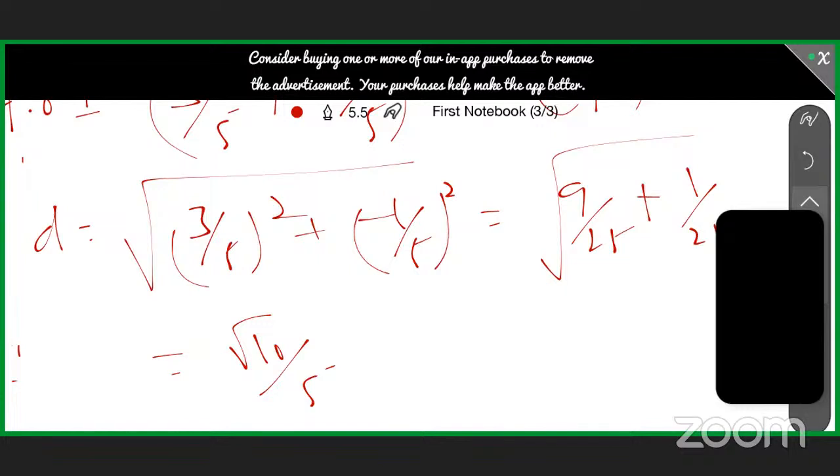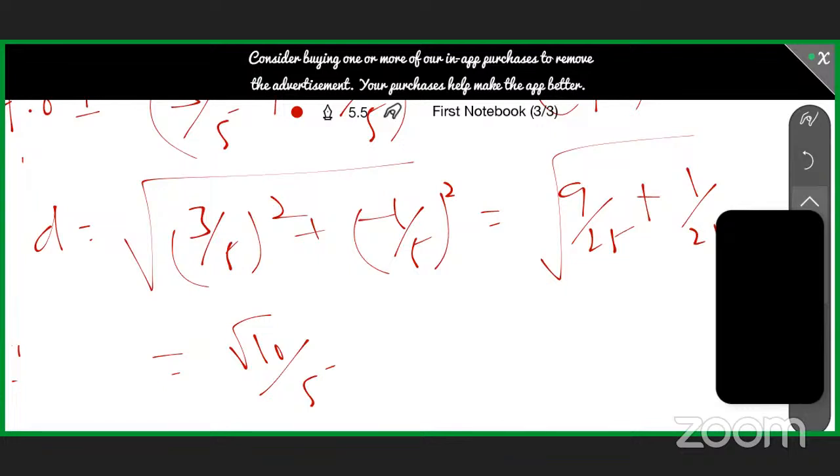I can simplify much more further. Okay, you can keep it like this also, depending upon the option. If they don't give this option, what do you do? Rationalize the denominator. See whether that option is given here.